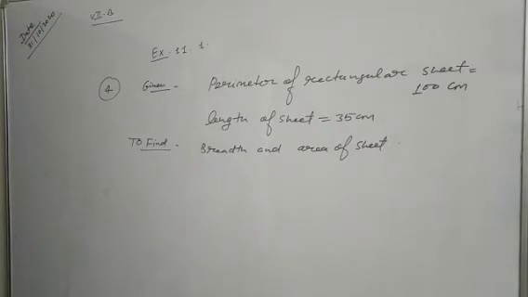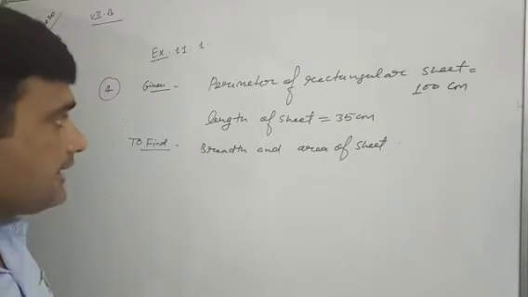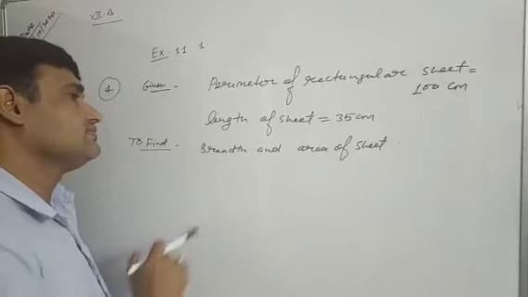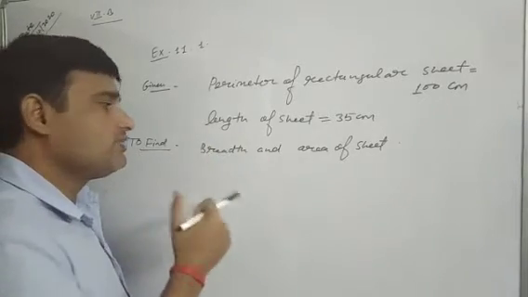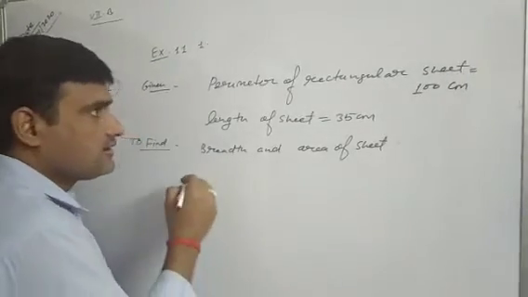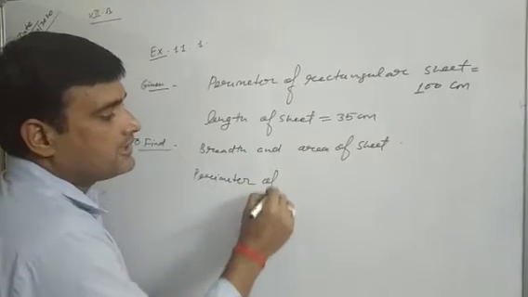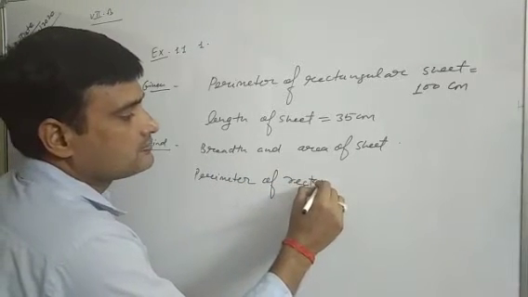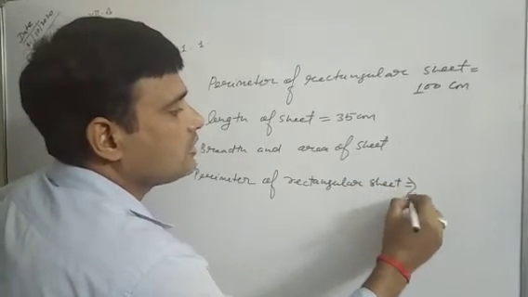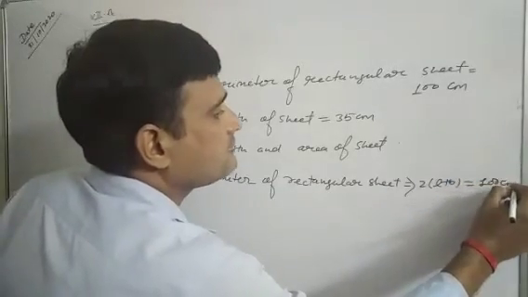Now in question number 4 given perimeter of rectangular sheet 100 centimeter, and length of sheet 35 centimeter. Now to find breadth and area of sheet, first we find breadth. Perimeter of a rectangular sheet is 2(L plus B) is equal to 100 centimeter.